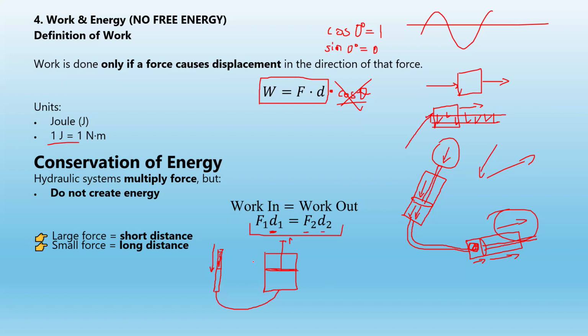So that's how we can lift a heavy load, by pumping a lot here. And pumping is just adding distance, adding displaced fluid, and we use check valves. Check valve to hydraulics is like a diode in the electrical system. Once you push the fluid in there, the check valve stops it from going back, and you just push more and more, and slowly but surely you can lift a heavier weight.